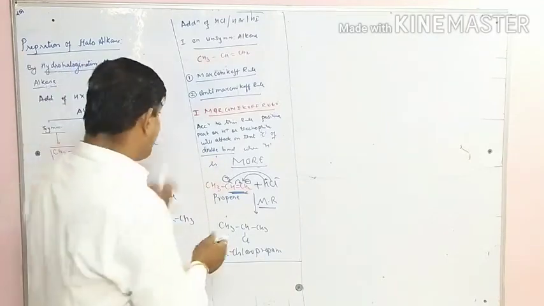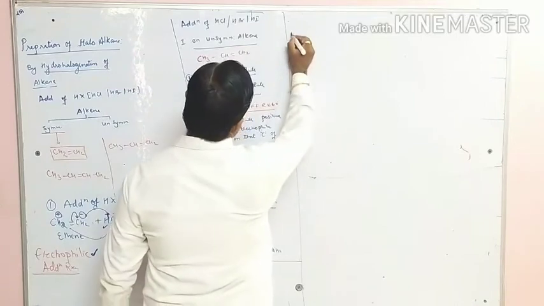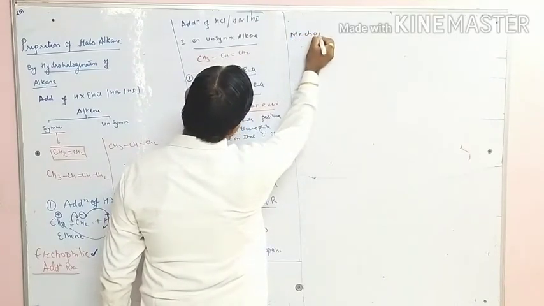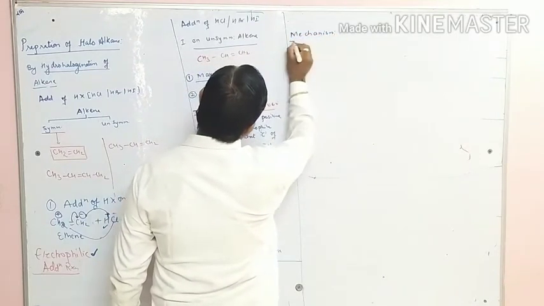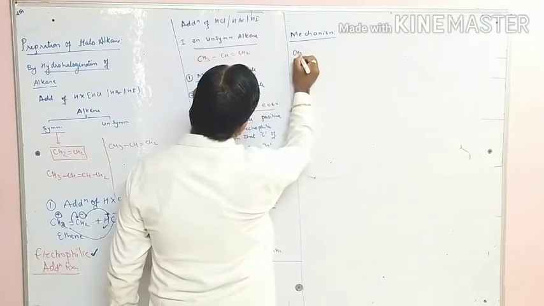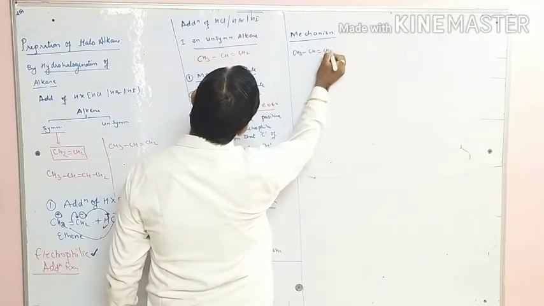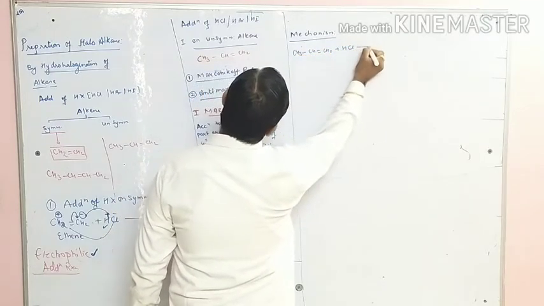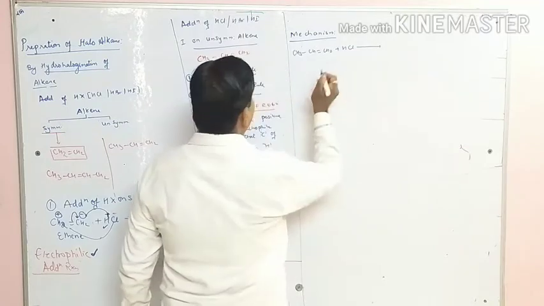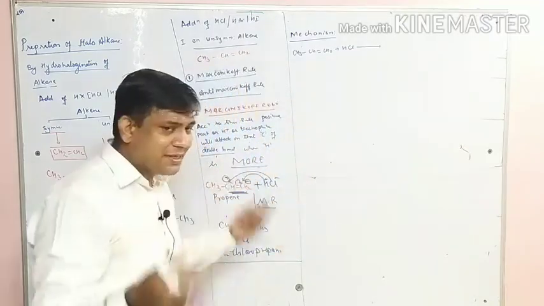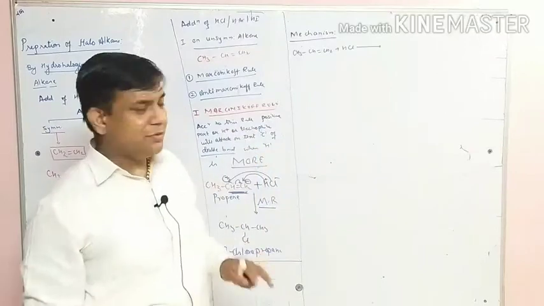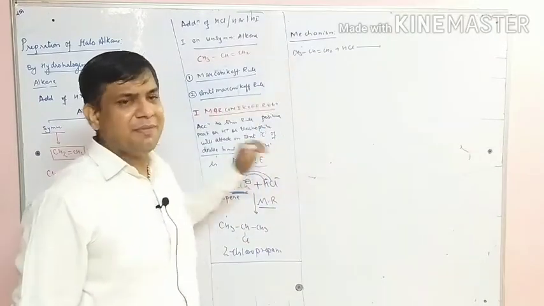We have to see the mechanism of this reaction, CH3CH double bond CH2 plus HCl. Whenever you explain the mechanism, remember this point in the board examination: first you write the reaction, then start the mechanism.